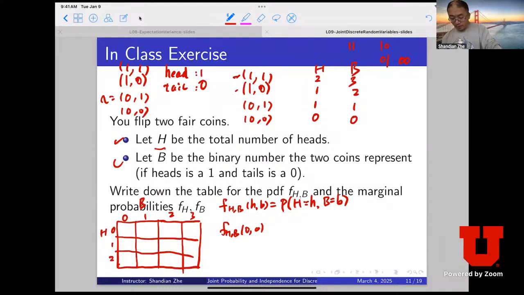You just look at this represent the event that H takes the value 0 and B takes the value 0 as well, right? So the intersection of these two events, what set of outcomes does it include?